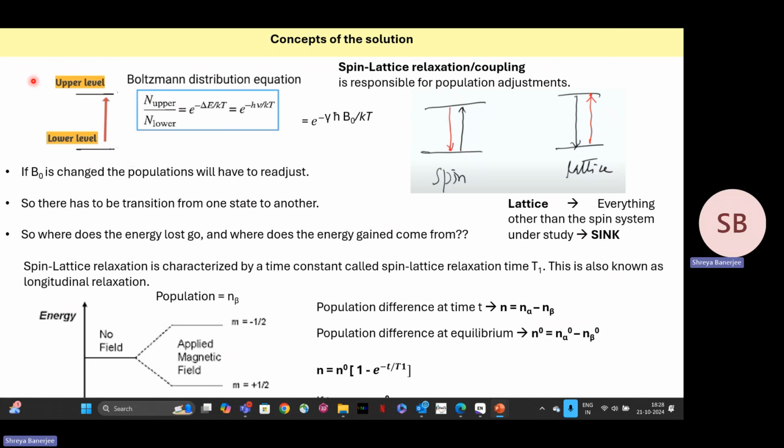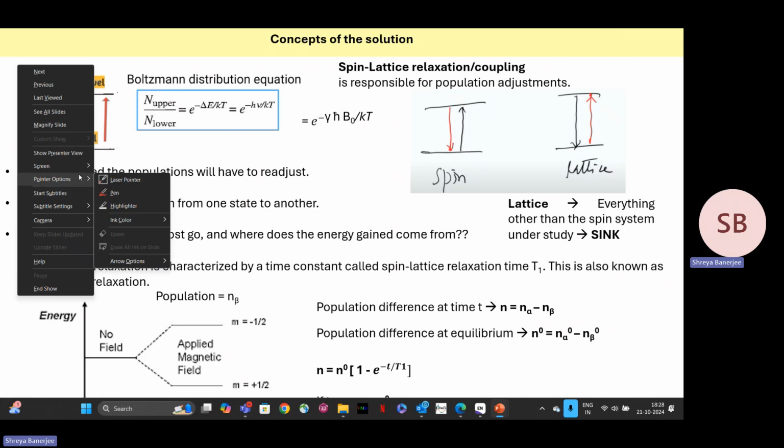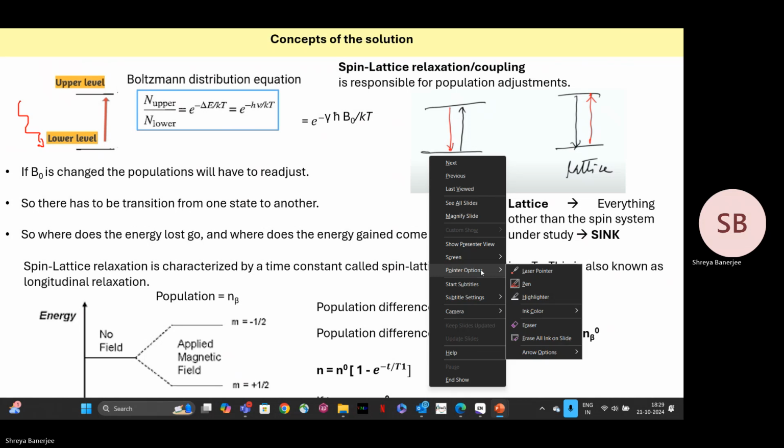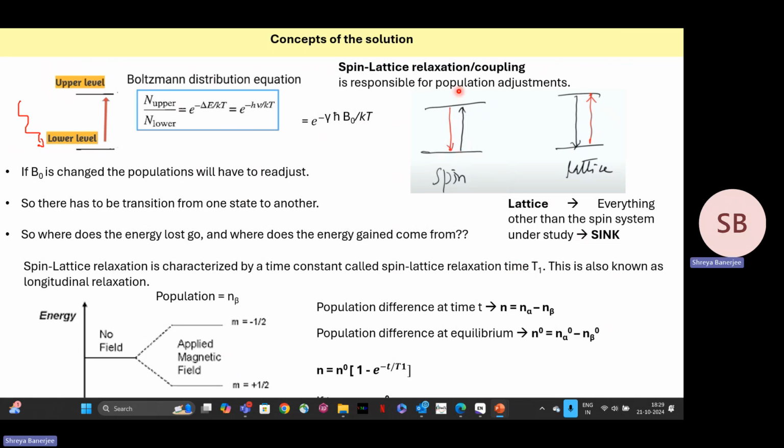Now, if an RF pulse or energy is given, spins can be promoted to the upper level or they can come down to the lower level. Overall, basically, the population will adjust. Now, after the pulse is stopped, the population has to go back to equilibrium.